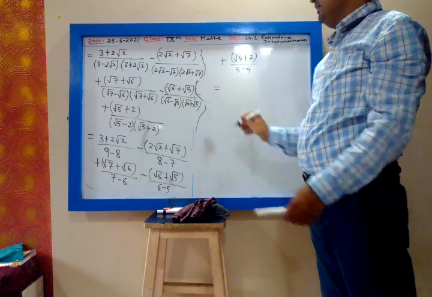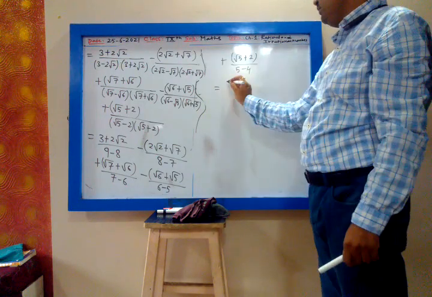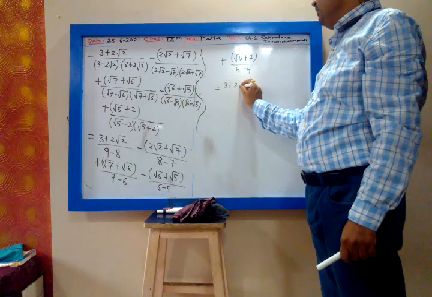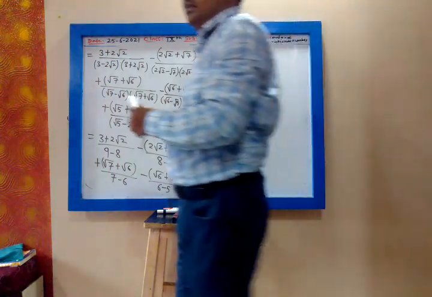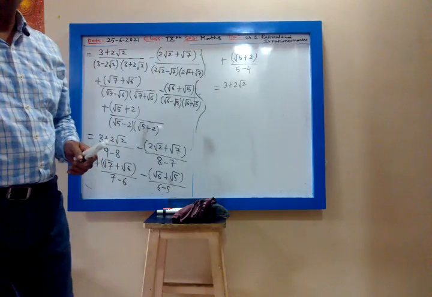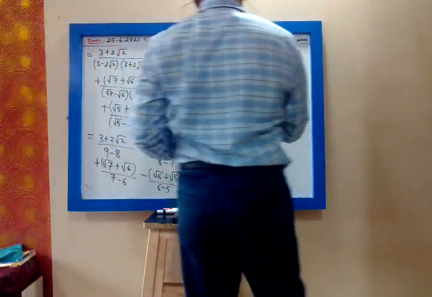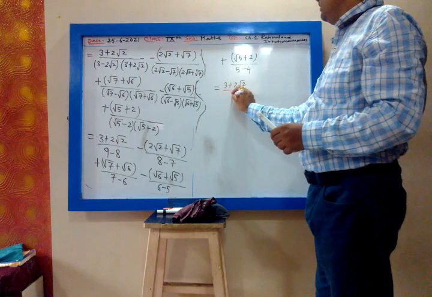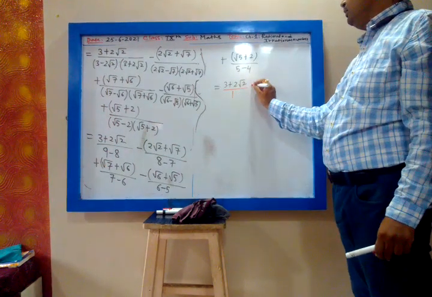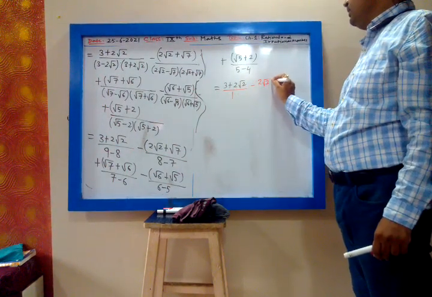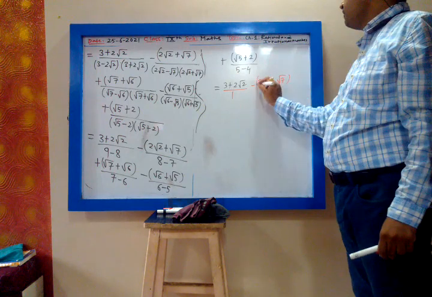So let us simplify. All the denominators are 1. I will take one more minute. All the denominators will be 1, my dear.